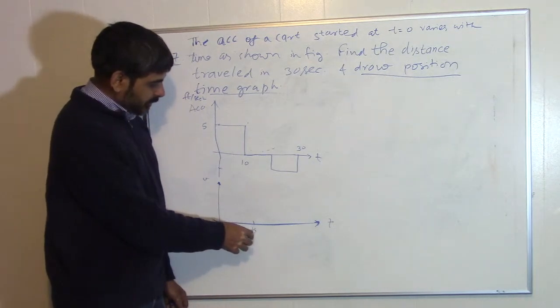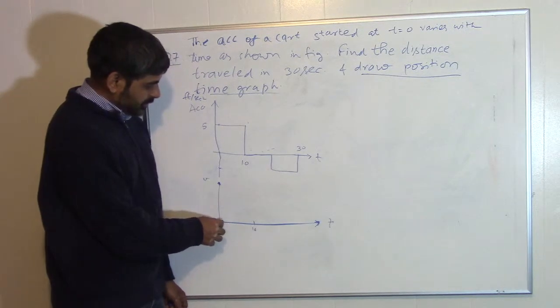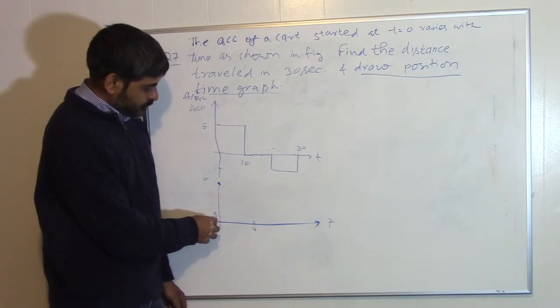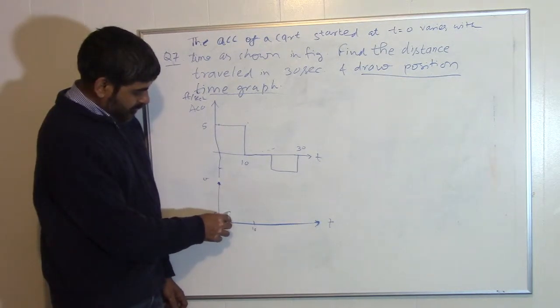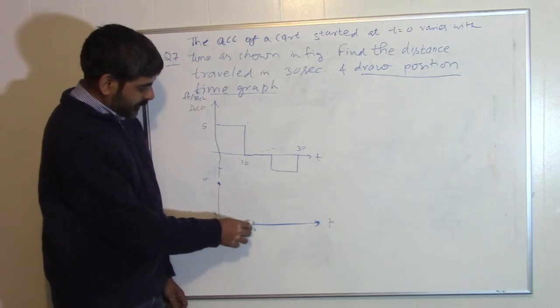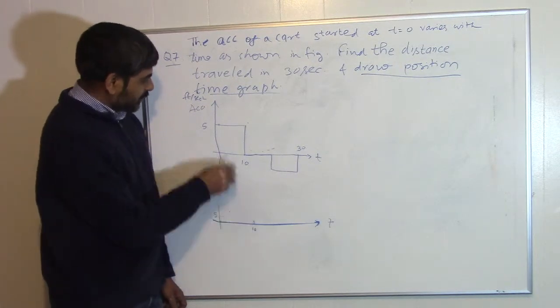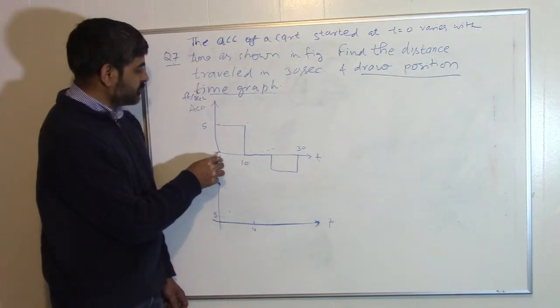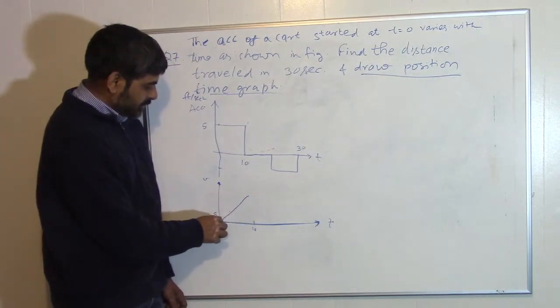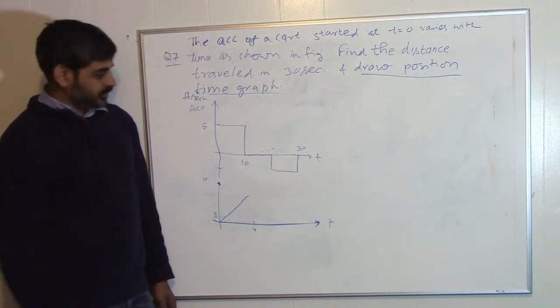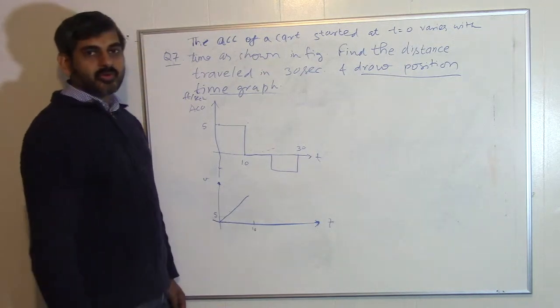In the first second its velocity will increase from 0 to 5, in the second second it increases again by 5, again by 5, and by the time you have 10 seconds, the velocity will have increased to 5 into 10, 50 feet per second, in a linear fashion. This is how the velocity is varying from 0 to 10 seconds.